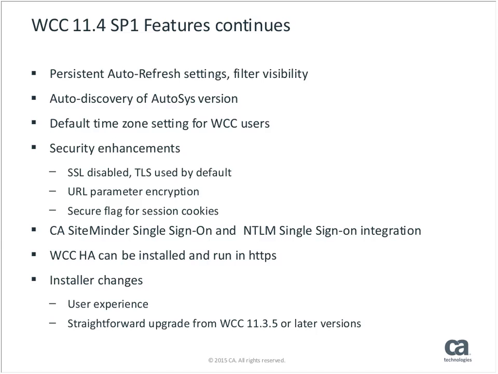If there is a newer AutoSys, the error message was improved. So that's another change, small, but it was requested by customers and communities. Default time zone settings is another improvement from communities.